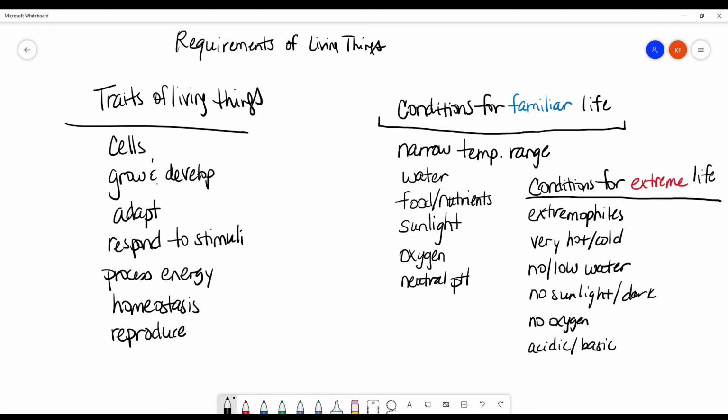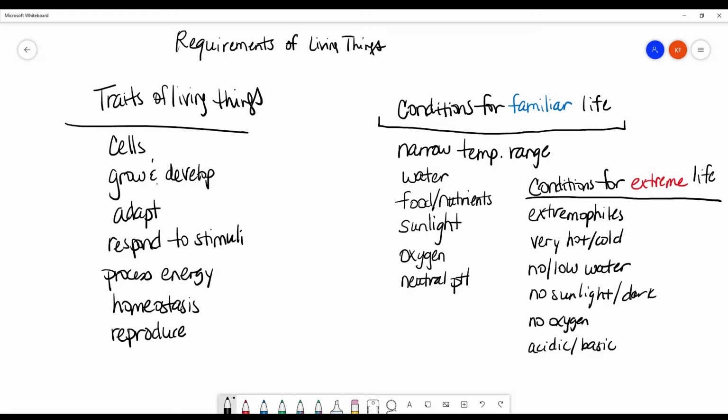All right, so when we look at our two lists, our conditions for familiar life and our conditions for extreme life, we might notice that the conditions for normal life fall right in the middle of our conditions for extreme life, right? Like for humans, we can't stand hot or cold. It needs to be in the middle.